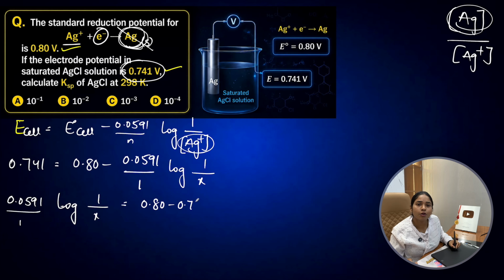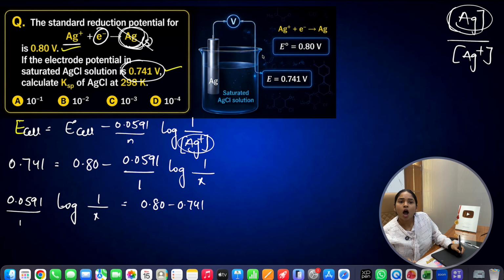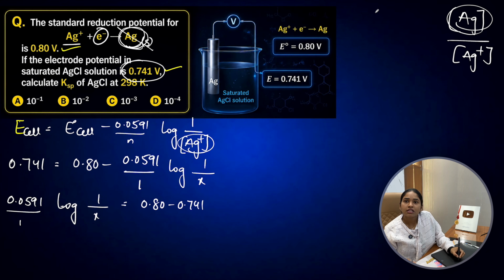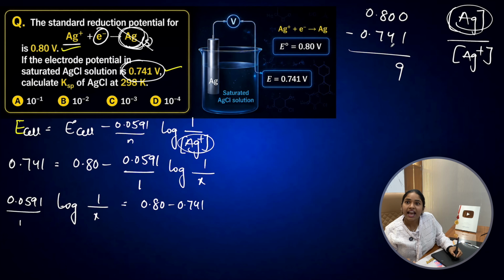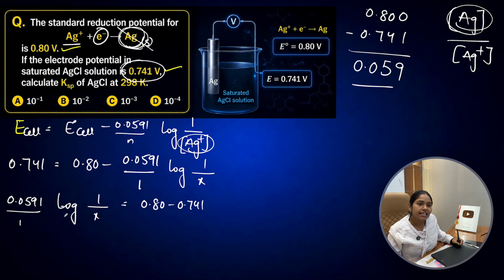0.80 minus 0.741. How much will we be getting here? 0.80 minus 0.741. Then 10 minus 1 is 9, 9 minus 4 is 5, 7 minus 7 is 0. So this value is 0.0591.